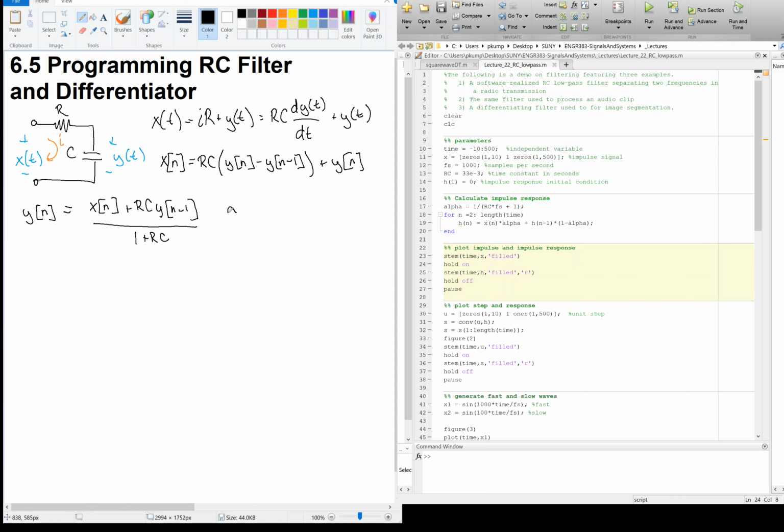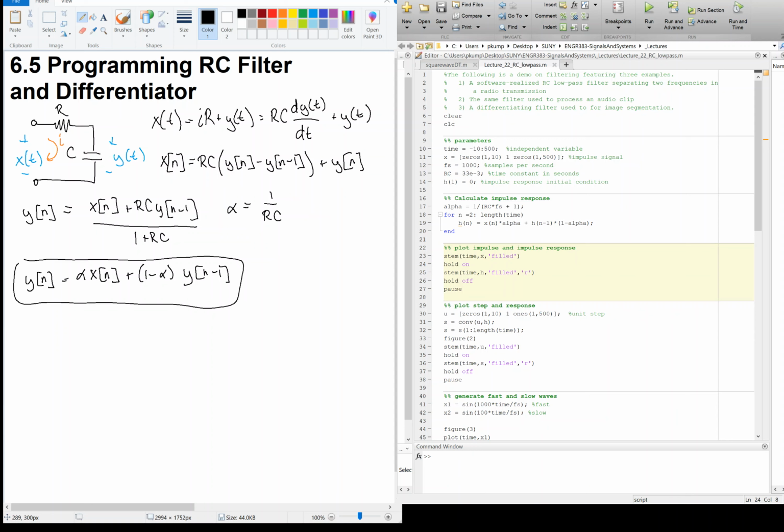Now I'm going to call the parameter alpha to be 1 over 1 plus RC just for convenience, and I'll let you verify this on your own, I can write this difference equation as alpha times x(n) plus 1 minus alpha times y(n-1) equals y(n). So here's our difference equation, right? I'll let you verify that that's true, but this difference equation is the discrete equivalent of our RC circuit. That's pretty cool in itself.